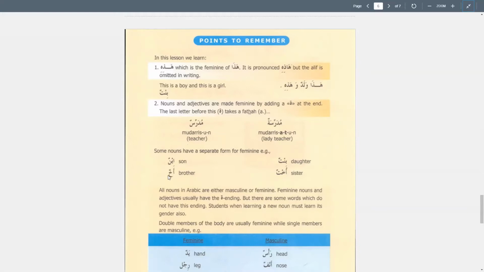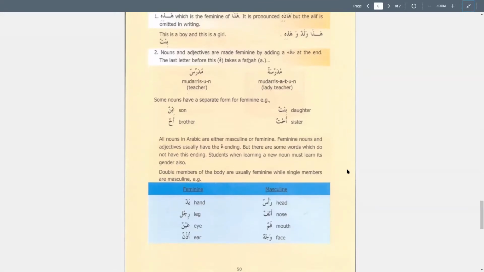Next, ach, achun, a brother, uchtun, a sister. Again, there's no tamar buta at the end, but the word itself refers to a female, so for that reason, it is a feminine word.